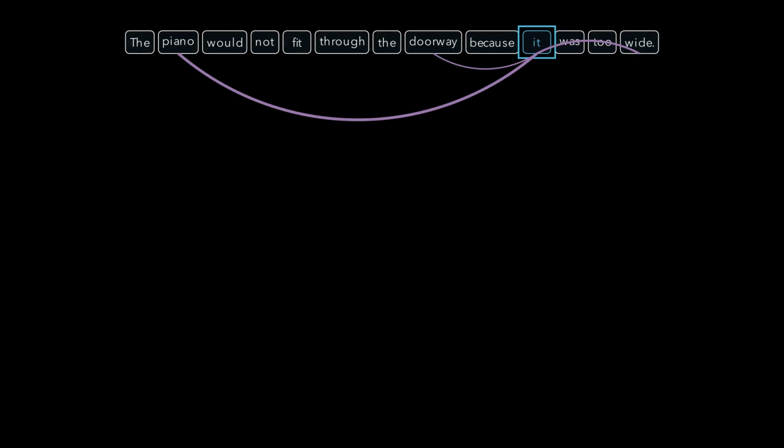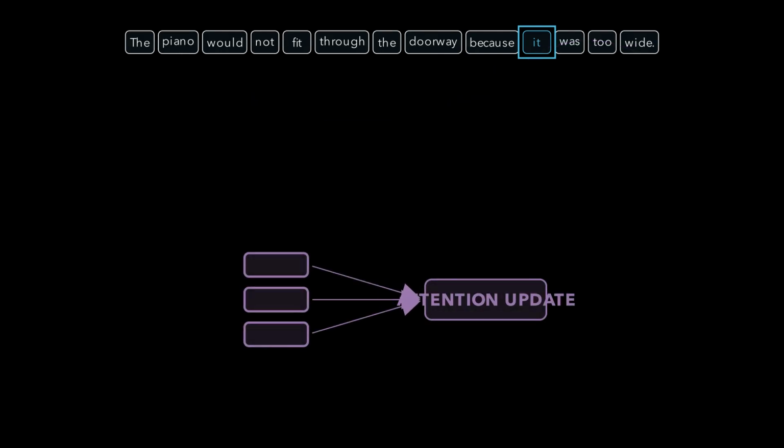For "it," the attention update may draw useful information from "piano," "doorway," and "wide." The real model does not move English labels along glowing cables. It computes vectors. Our animation makes that vector movement visible. Several colored contributions arrive, combine, and produce one attention update.